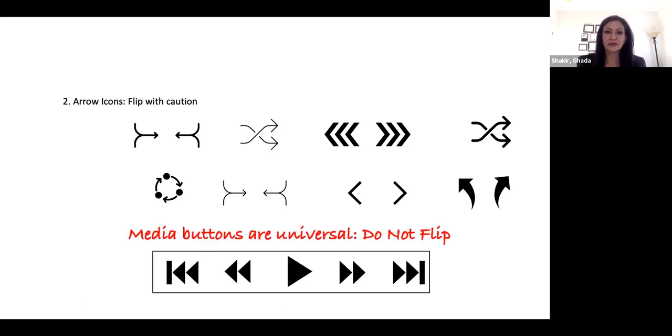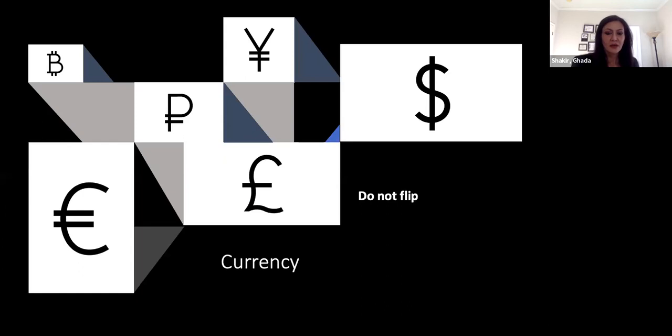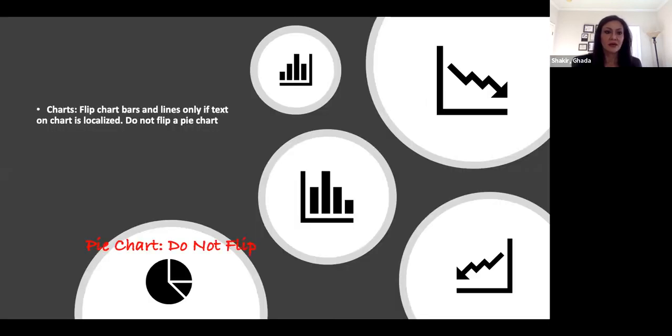However, media buttons, any kind of YouTube or Netflix media buttons, are universal. These are not flipped, and right to left users are used to what the player looks like. Currencies, you do not flip. Charts, you flip charts and bars only if the text on the chart is localized.